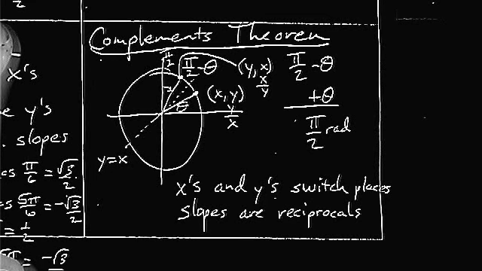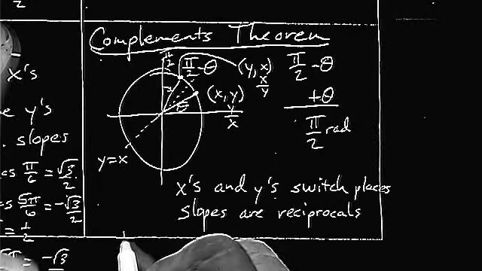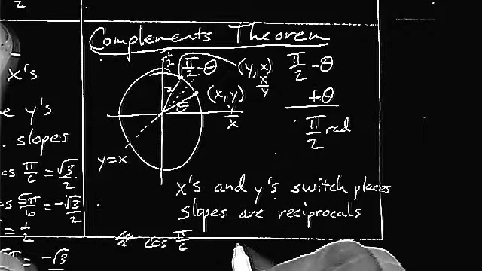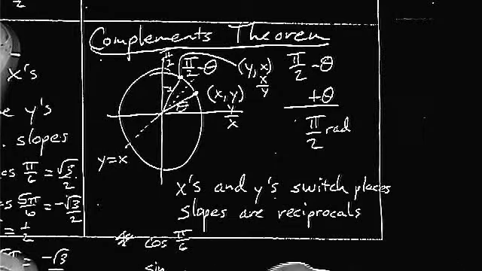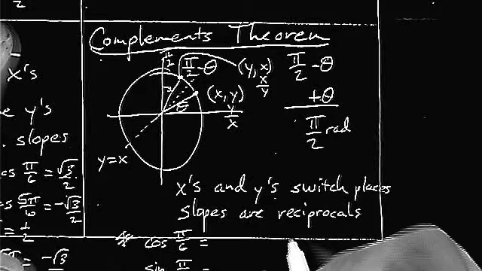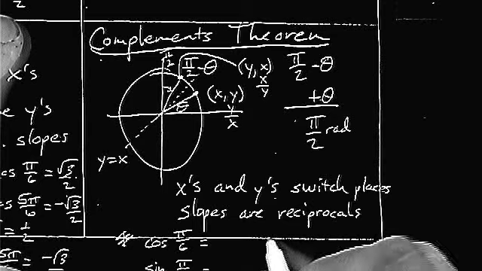And let's see now. So we can talk about cosine of pi over 6, sine of pi over 6, and tangent of pi over 6. And then their counterparts, right?